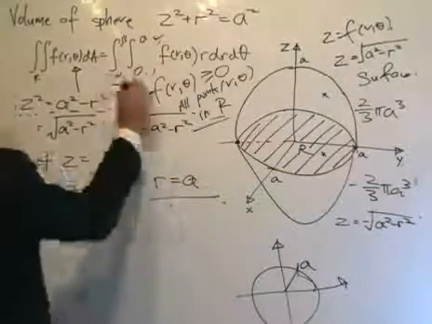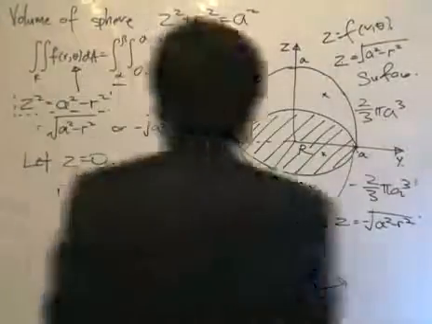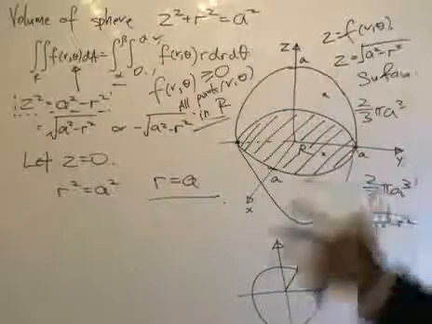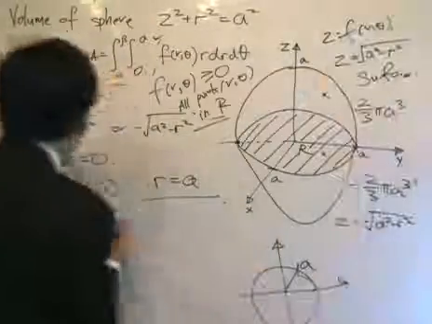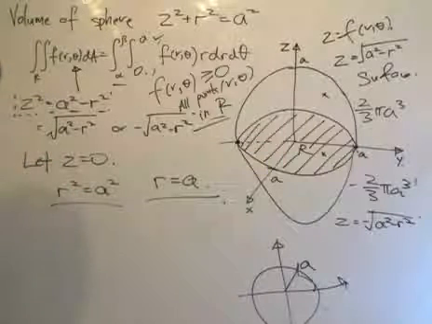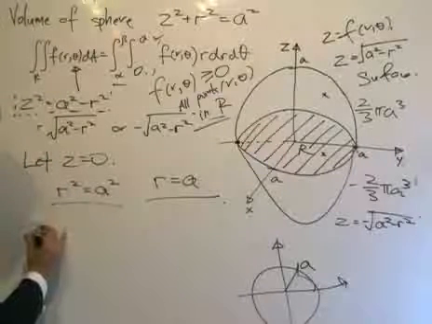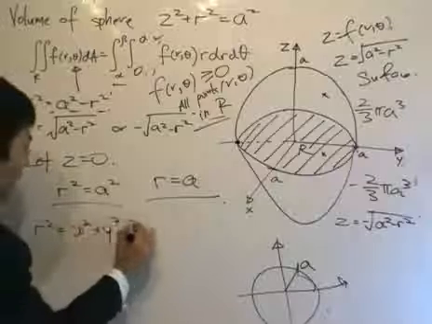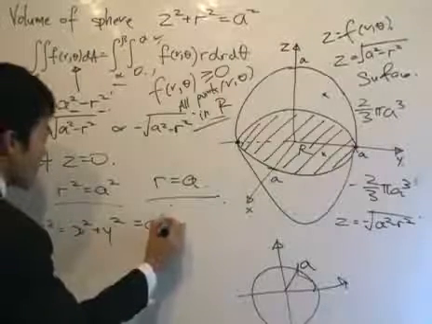Now what about alpha and beta? This one takes some thinking. Remember, we are using an algebraic solution to find the limits of the region R. What do we know about r squared? r squared equals x squared plus y squared, and this is of course given to equal a squared.